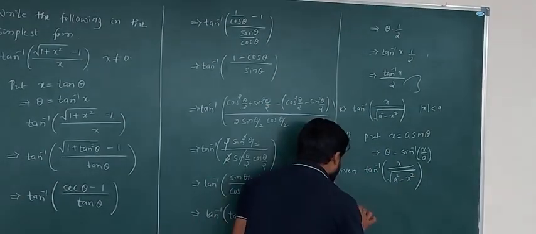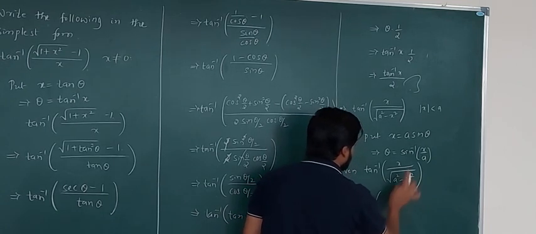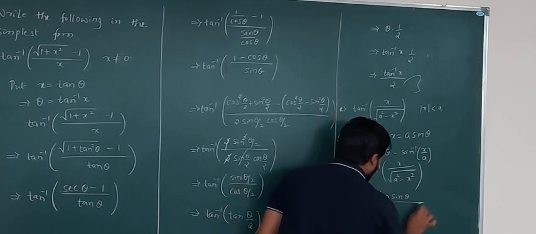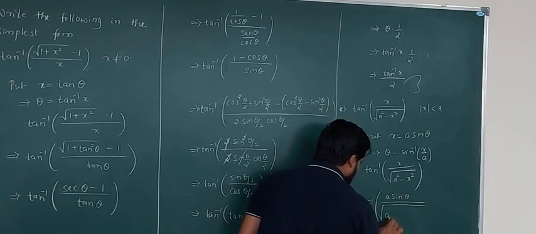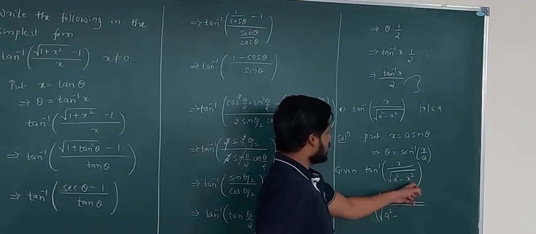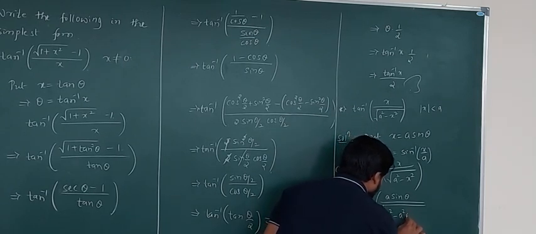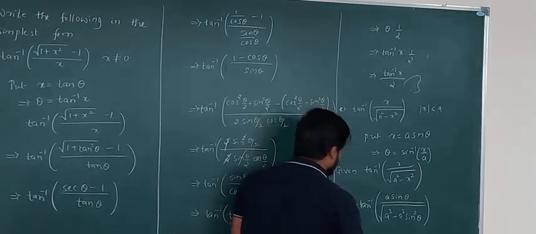This implies tan inverse of a sin theta divided by square root of a square minus x square. With x equal to a sin theta, x square equals a square into sin square theta.